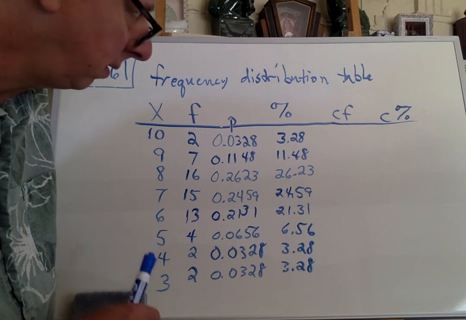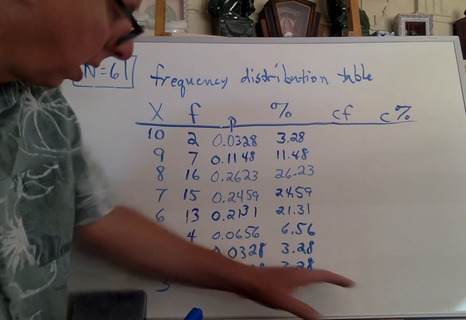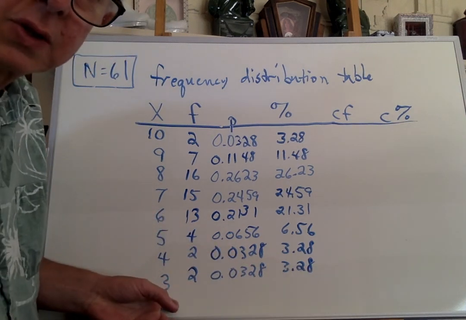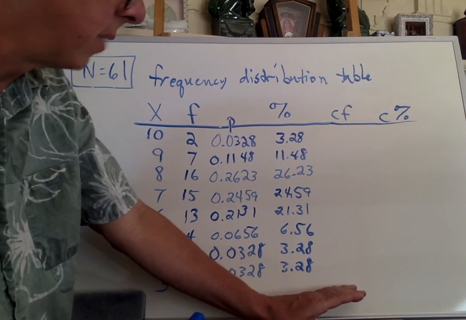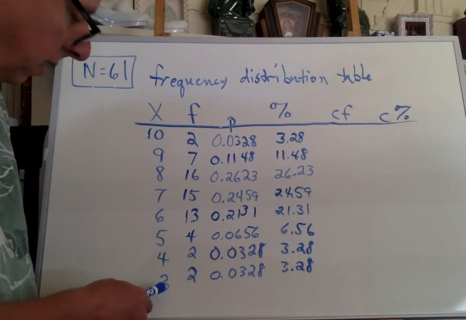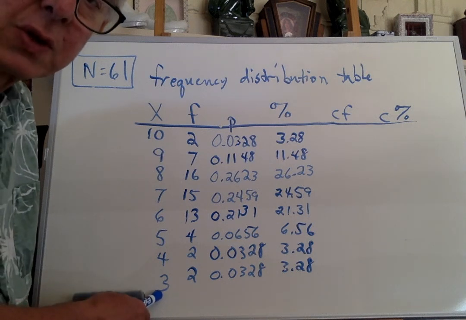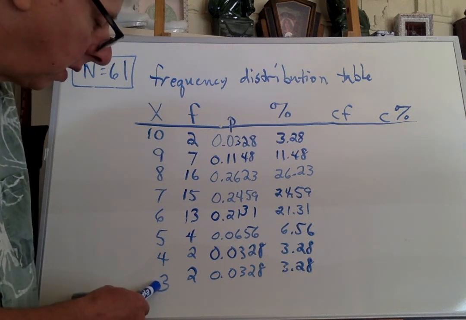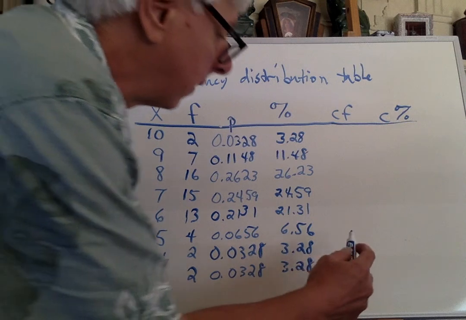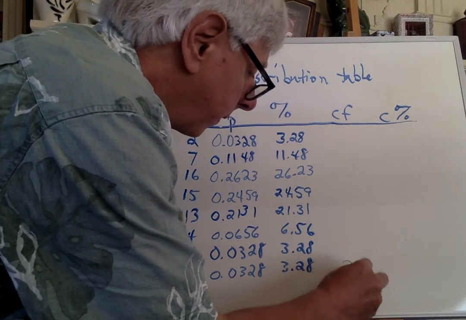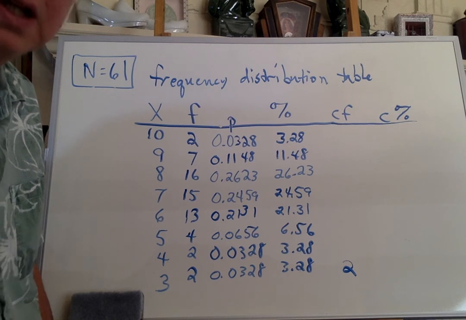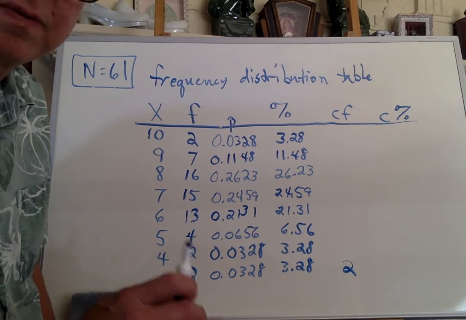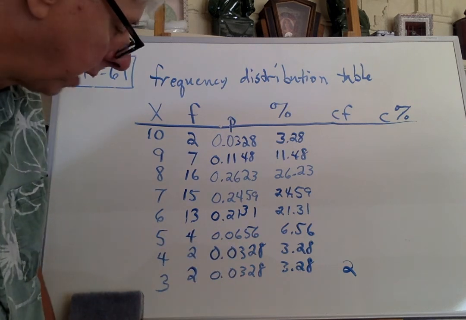In this case, we're going to start at the bottom. We're always going to start with our lowest number here, 3. We're going to put our frequency in, this is how many people told us they had a happiness score of 3. So at that point, there were 2 people, right? 2 people told us that they had a happiness level of 3, okay?